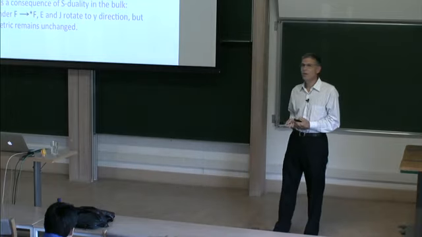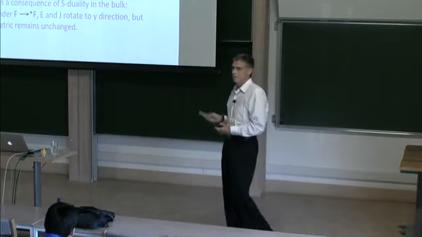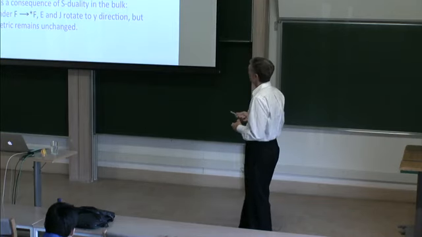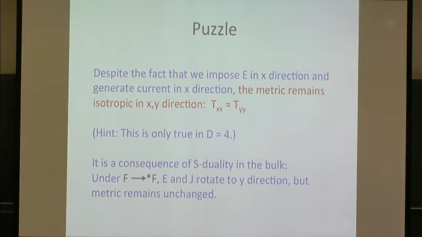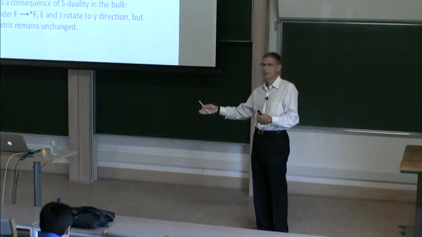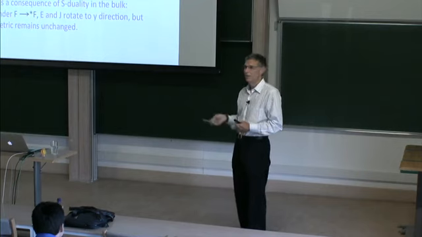Okay, so far everything's been very familiar. It's reproducing what we expect, but this was a little bit of a surprise. We noticed that we apply, of course, an electric field in one direction. You generate current in that direction, but the metric remains perfectly isotropic in the x and y direction.